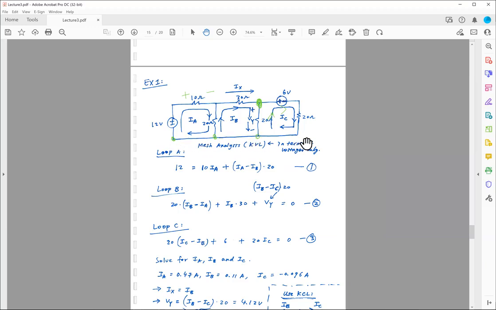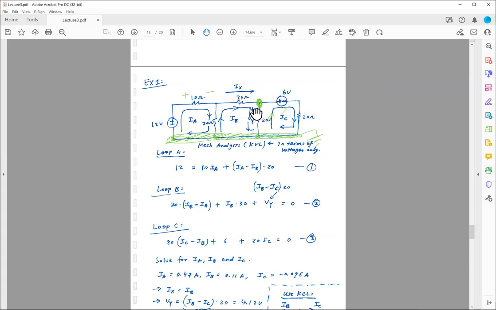Even though I didn't put my ground reference here, we know that there exists a ground reference here. If you want, you can put a ground reference, 0 volts. So that means this node here is my ground. So the voltage between this point and ground is my Vy.